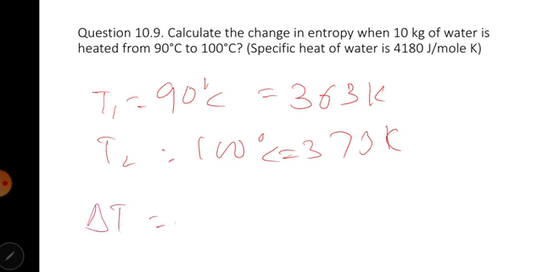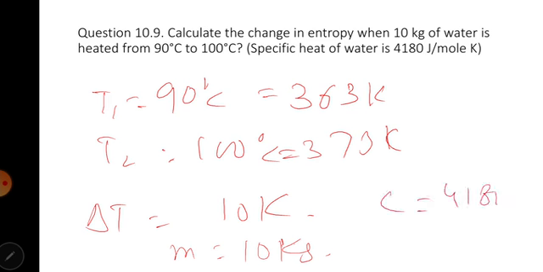Del T is 10 Kelvin or 10 degrees Celsius. Mass is 10 gram. Specific heat is 4180 joule per kilogram per Kelvin.